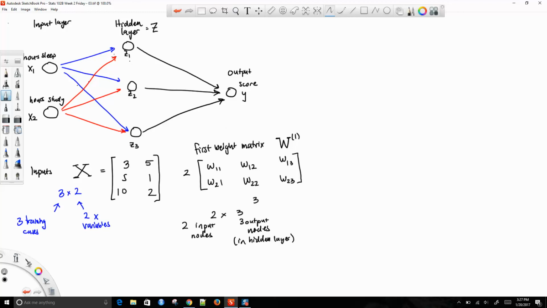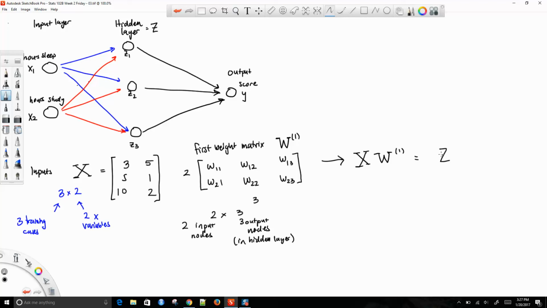So at this point we can multiply X times W, and what is the resulting dimensionality of Z? It's going to be 3 by 3.